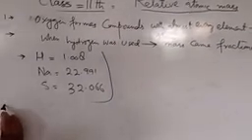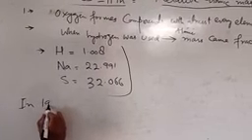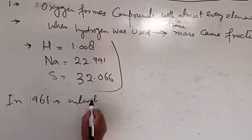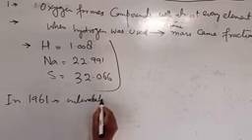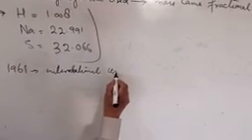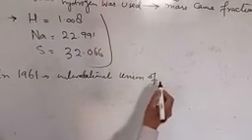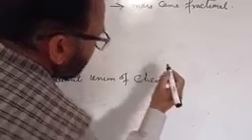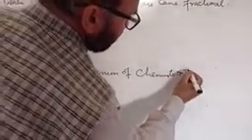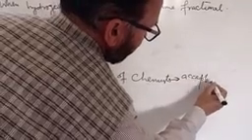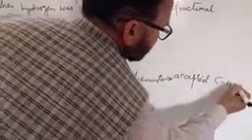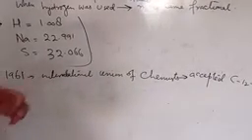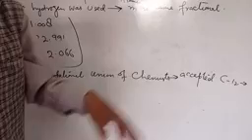In 1961, the International Union of Chemistry accepted carbon-12 as a standard. So now the atomic mass of elements was compared with the carbon-12 isotope.